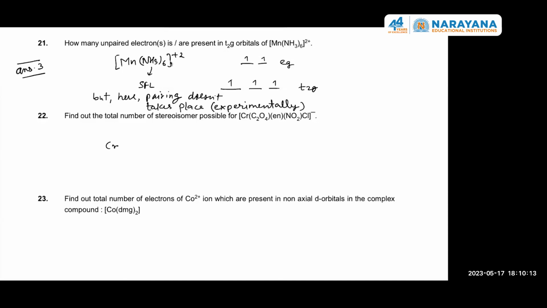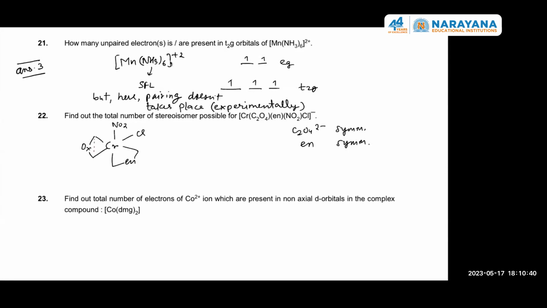So we can write oxalate, C2O4 2-, and en. Both are symmetrical ligands. So if we write en and oxalate like this, here will be NO2 and here will be chlorine.